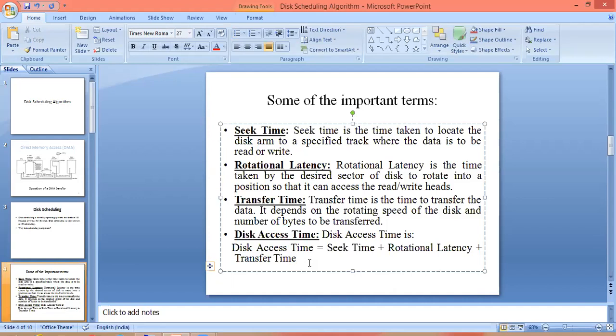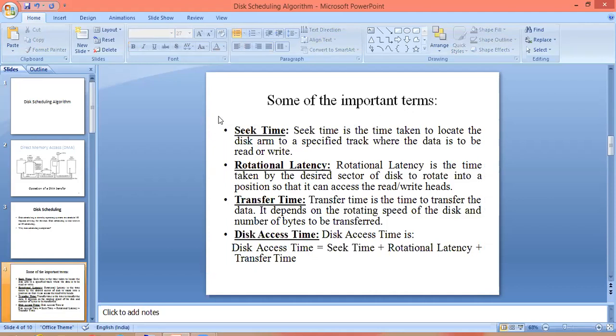Okay, I repeat, some important factors used for a disk scheduling algorithm. Disk is nothing but a secondary memory. It is a combination of a number of cylinders.